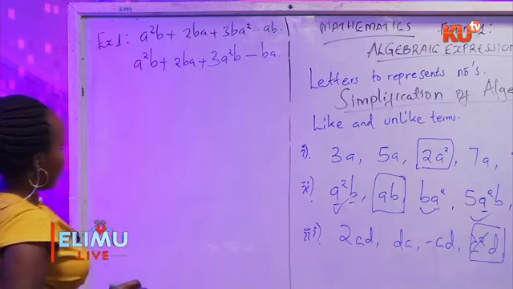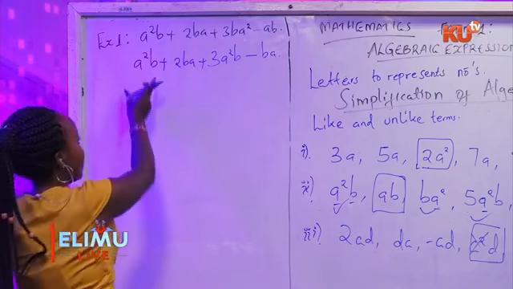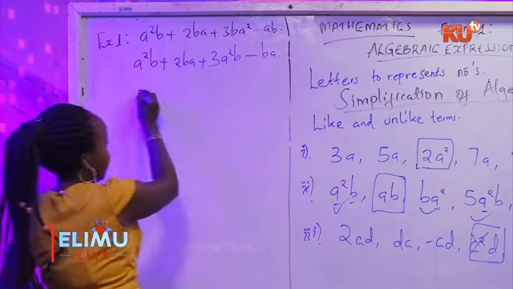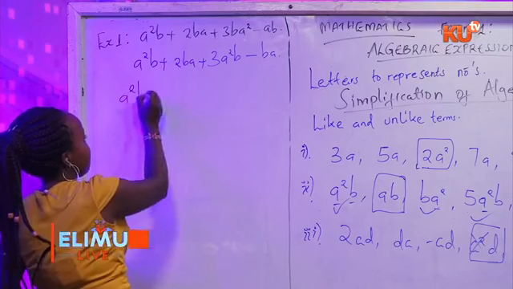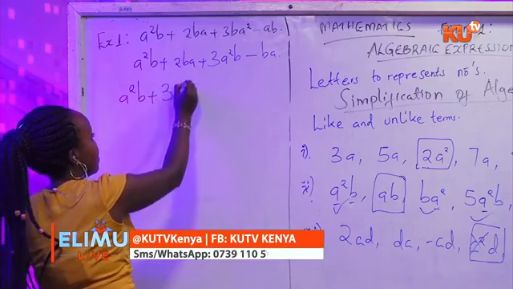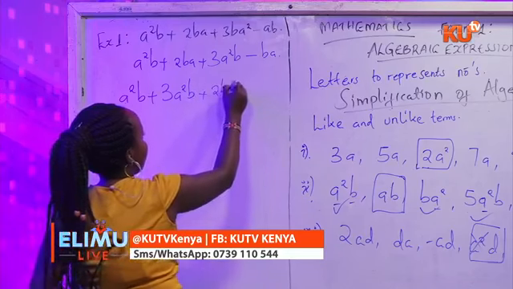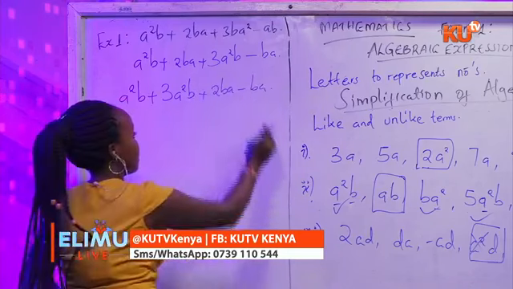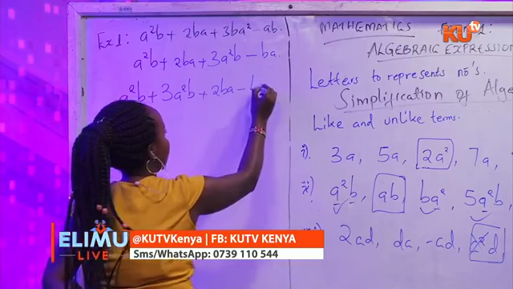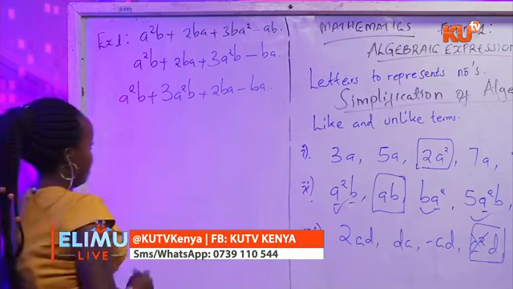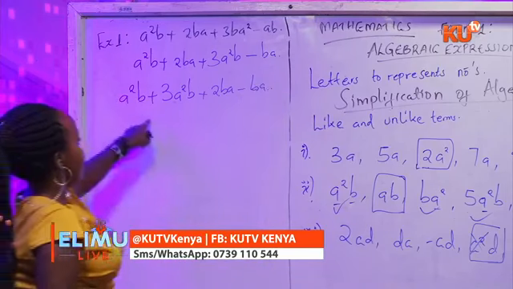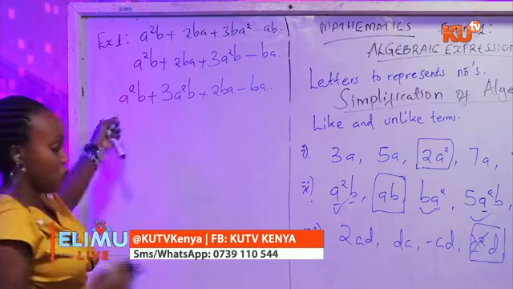So as we have there now, let us collect like terms. We have a squared b here and a squared b here. So this will be a squared b plus 3a squared b, and then plus 2ba minus ba. So we've collected like terms like that. This is a squared b, 3a squared b. This is just the same as 1a squared b.